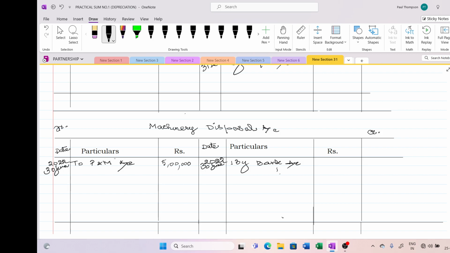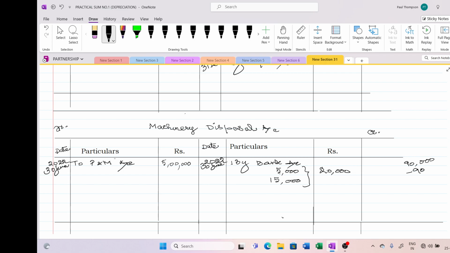Second machine for 90,000, already provision is made for 90,000. So there is no book value, but this was sold for 5,000. Another machine, 2,40,000, sold for 15,000. And this machine, 90,000, already depreciated for 90,000.